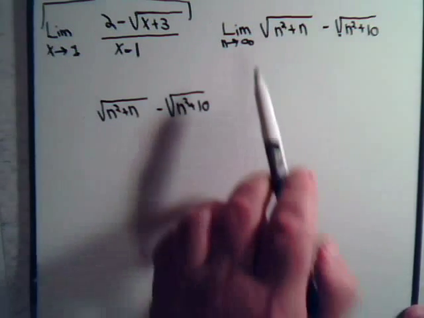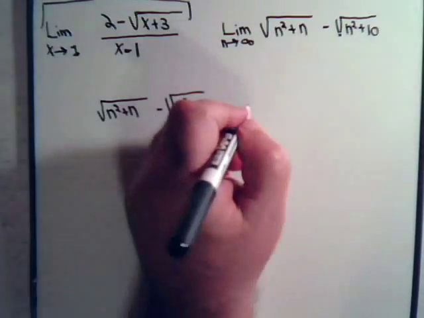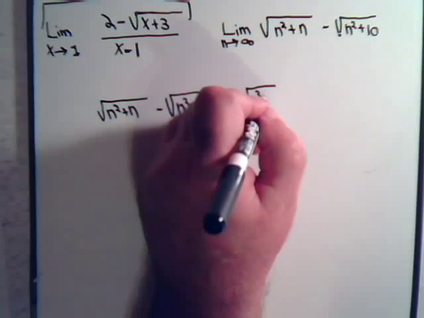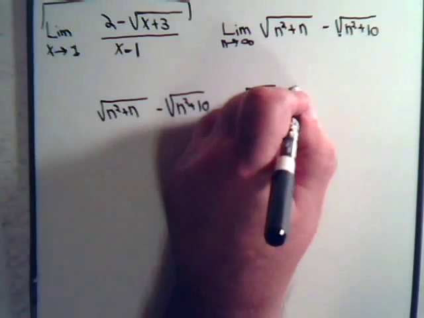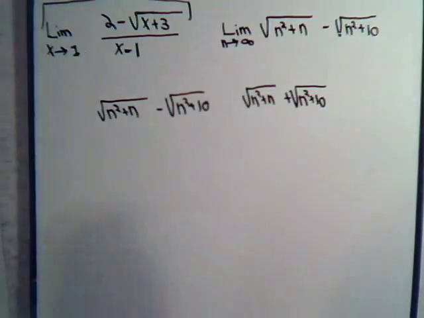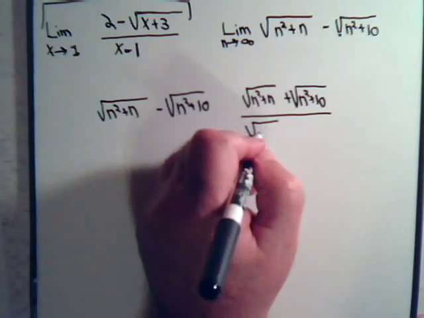We want to take the limit as n approaches infinity. So again, let's try multiplying by its conjugate. The conjugate is the square root of n squared plus n plus the square root of n squared plus 10, and we'll have to divide by that also.